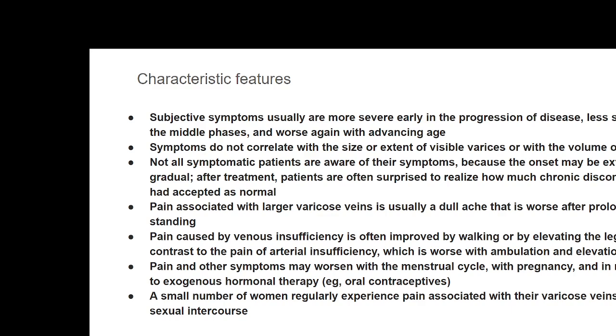Another characteristic feature is that the pain will be more in the initial stages. That's one important issue. Initially, as the stasis starts, the pain symptom would be more, but later on, once the veins have become prominent, the intensity of the pain would be lesser.